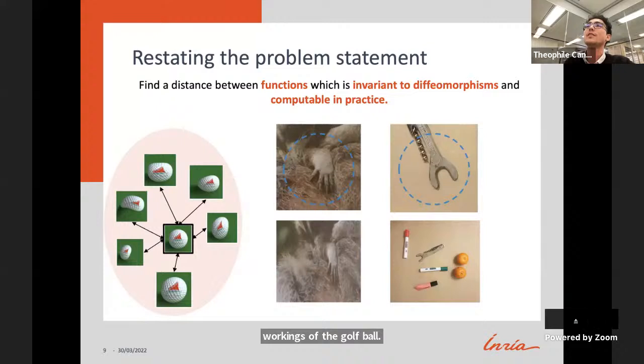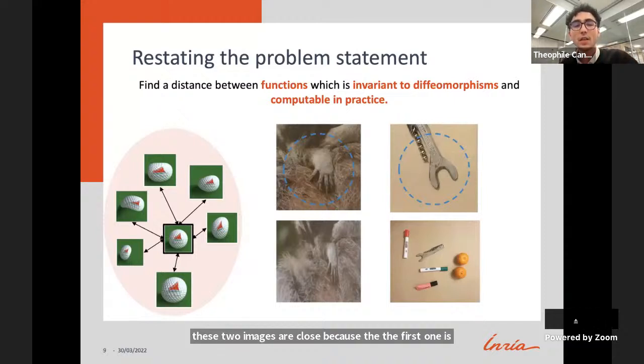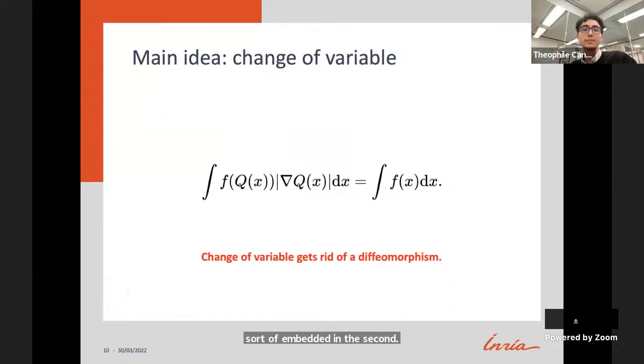You can see we have this perspective transform for the raccoon's paw. And also, if we have this object and then a scene in which this object appears, we may want to see if we can build a diffeomorphism. You see that there's a rotation, maybe a perspective and a scale difference. Can we show that these two images are close because the first one is embedded in the second? This is the problem we're going to be talking about.